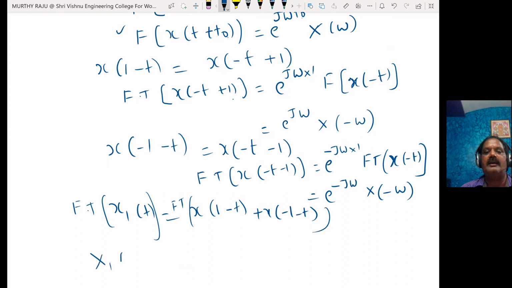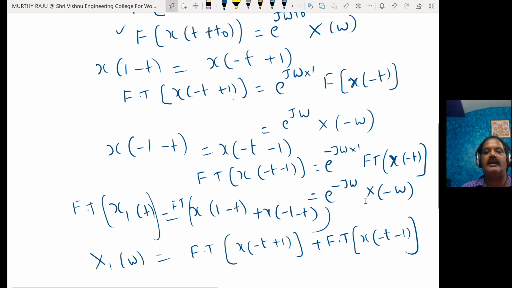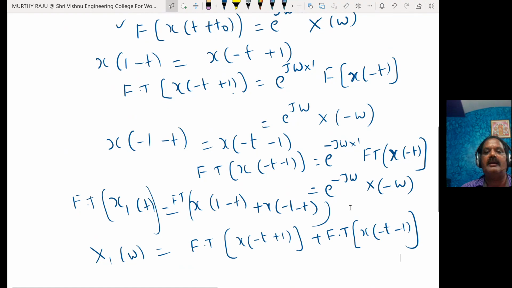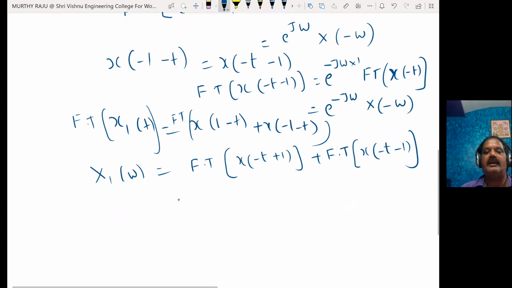Therefore, X1 of omega is equal to the Fourier transform of x of minus t plus 1 and the Fourier transform of x of minus t minus 1. This one is e power j omega X of minus omega plus e power minus j omega X of minus omega.